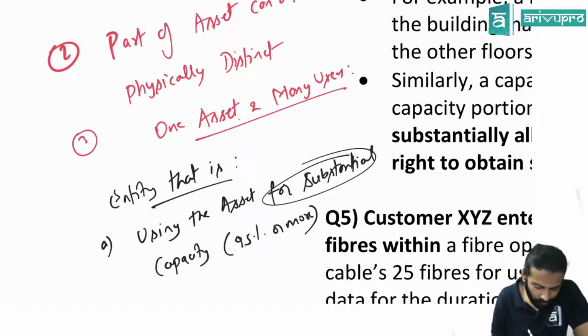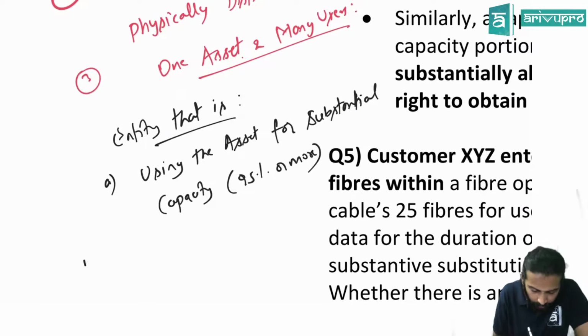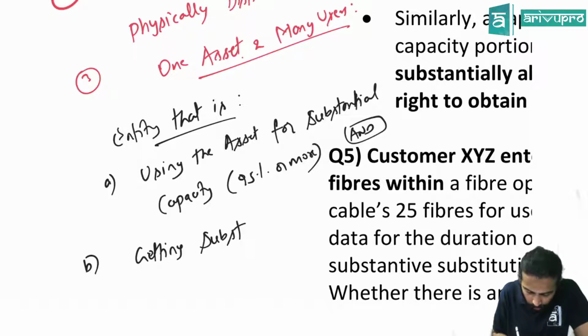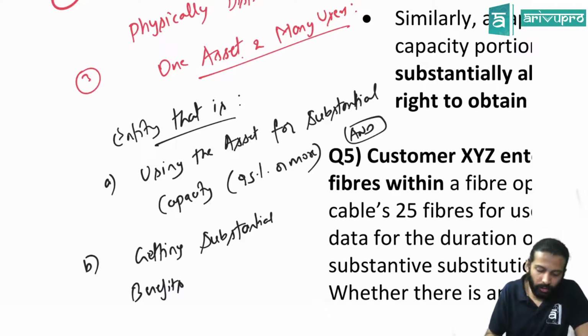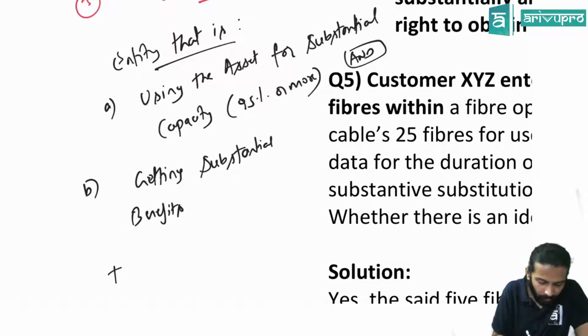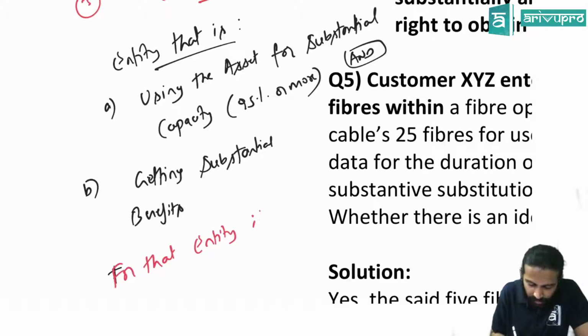The entity that is using the asset for substantial capacity and getting substantial benefits, for that entity it is an IA, an identified asset, therefore lease. Therefore, it is a lease for that entity.